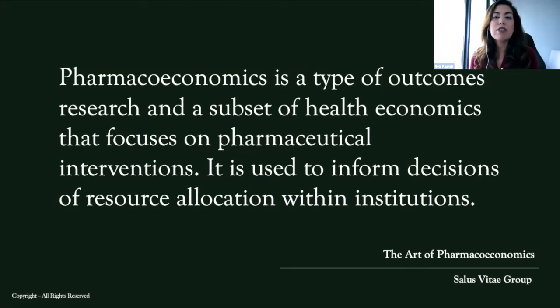So we're going to continue to see this grow, and also the need for this topic to be taught across different colleges. So colleges of pharmacy and schools of medicine have these within health services research, as well as schools of public health, and then of course other disciplines within healthcare.